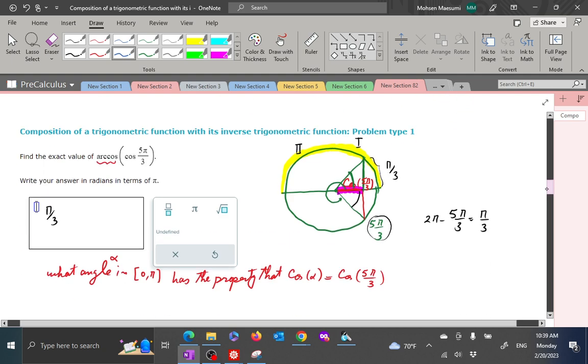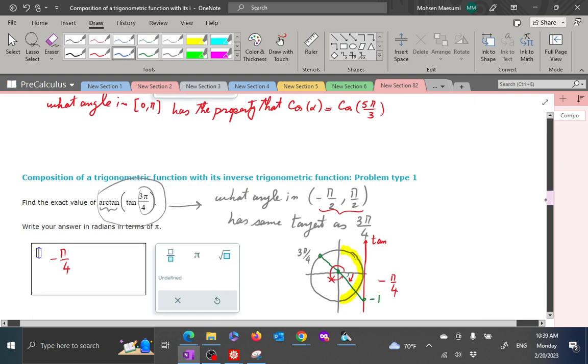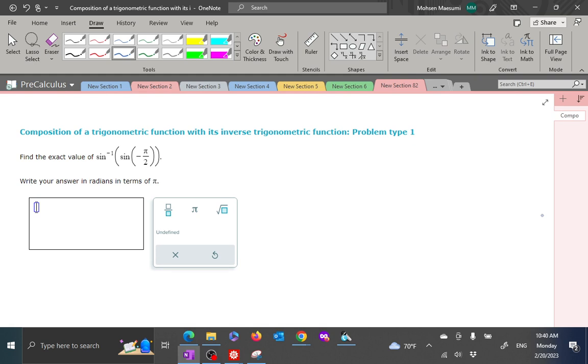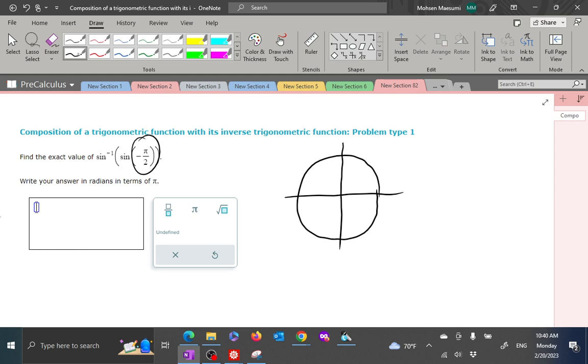Okay, now let's go ahead and do a few sine cases. So for example, sine inverse of sine of minus pi over 2. Again, the discussion is the same. We start with a unit circle. The angle that is given to us is minus pi over 2.